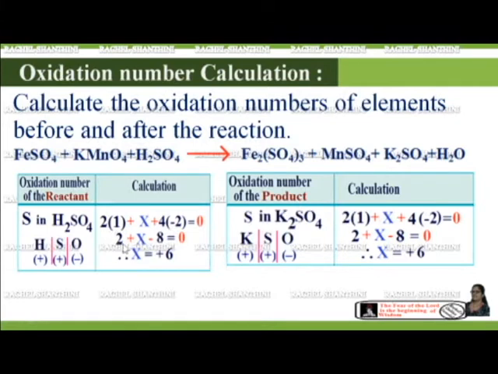So 2 into 1, 2 plus X, 4 into minus 2 is minus 8, equal to 0, which gives the value of X as plus 6, which is the oxidation number of sulfur in sulfuric acid.